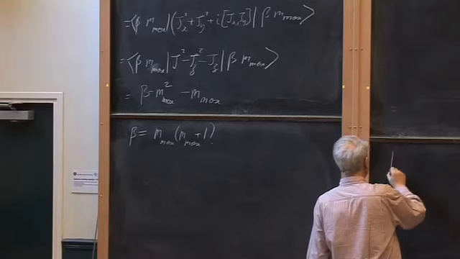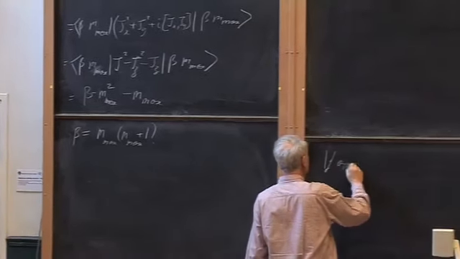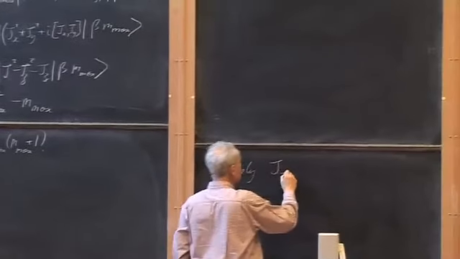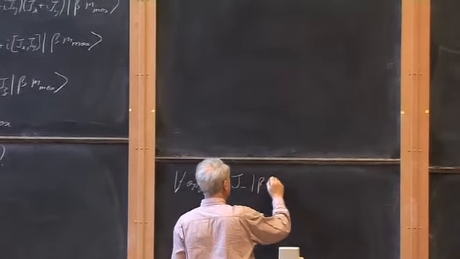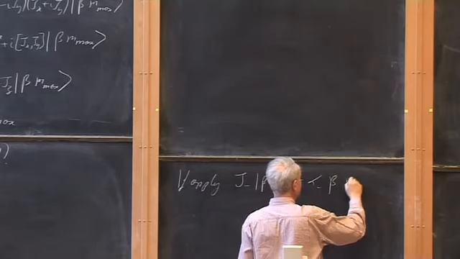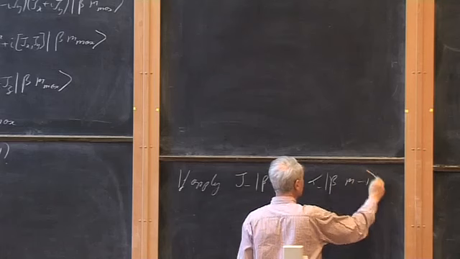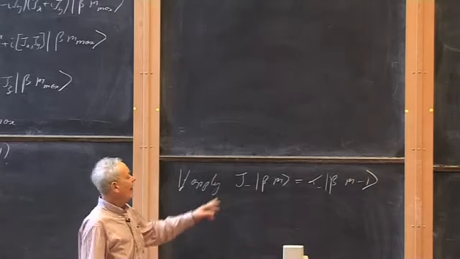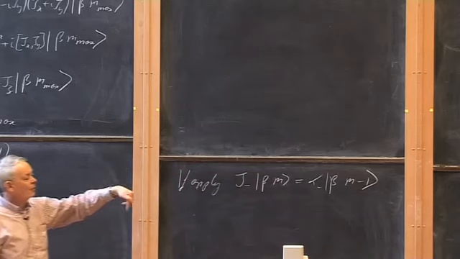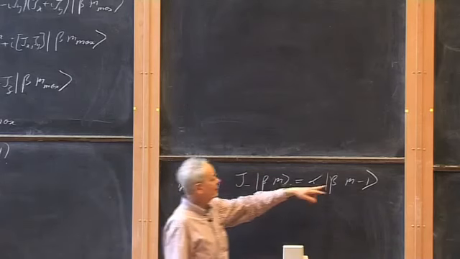So if we apply J minus to beta M, I claimed that this was alpha minus beta M minus 1. So M will start, let's imagine M starts off positive. As we take units from it, it's going to get smaller.